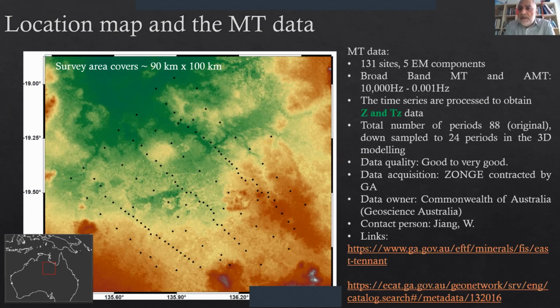The time series are processed to obtain the impedance and tipper data. And as I said before in the previous slides, the phase tensor is derived from the impedance, or Z, data. In total, there were 88 periods in this data set, but for 3D modeling purposes, I downsampled this data to 24 periods without losing information.